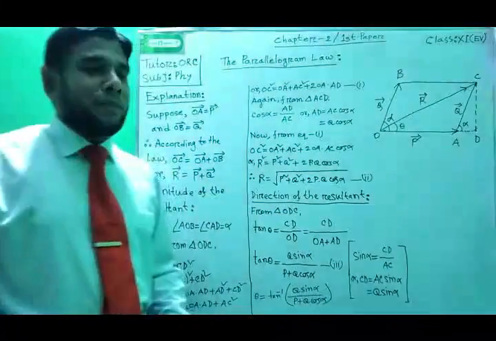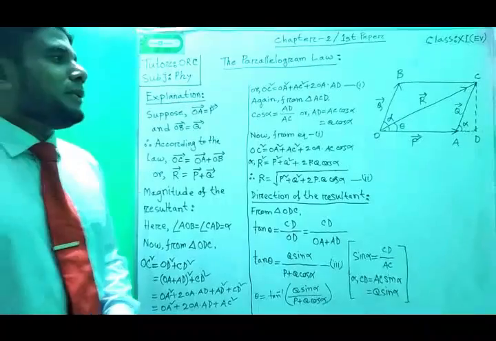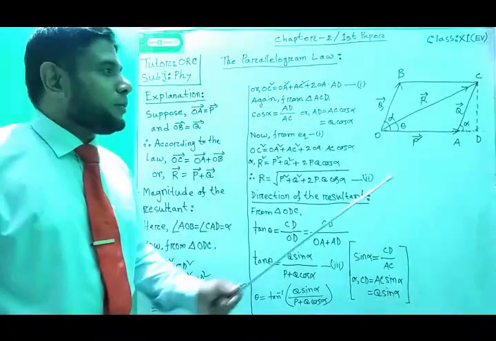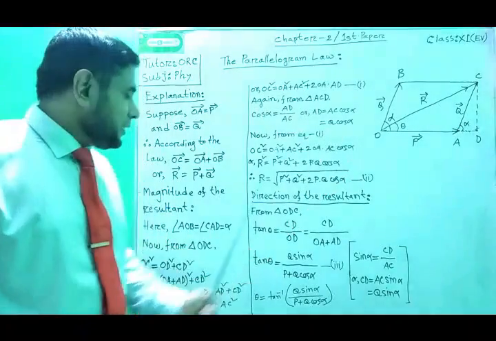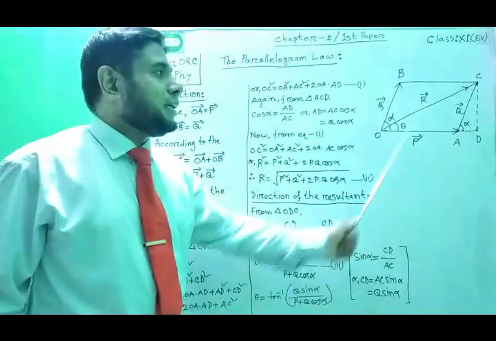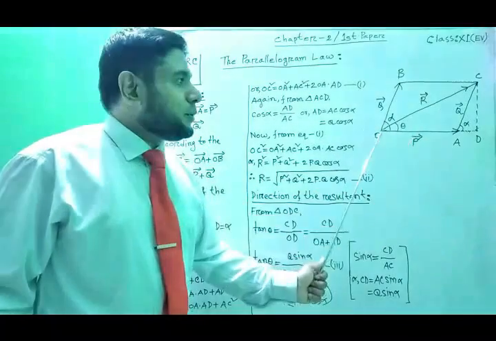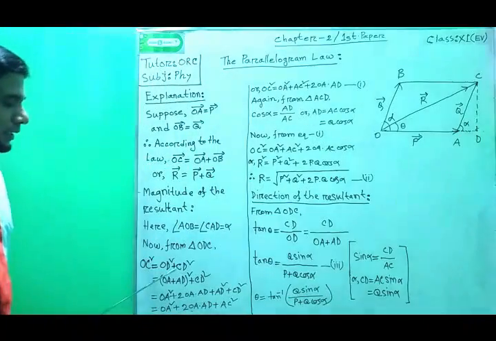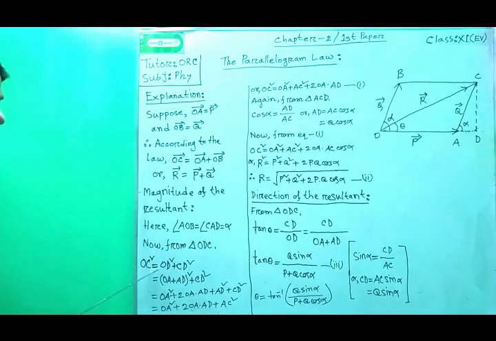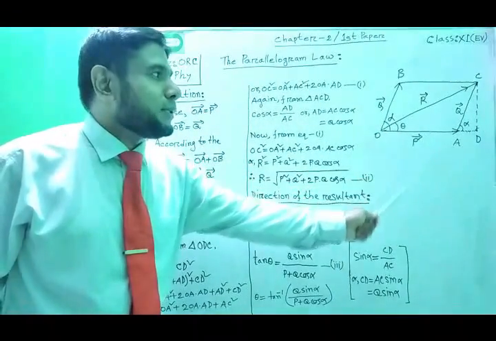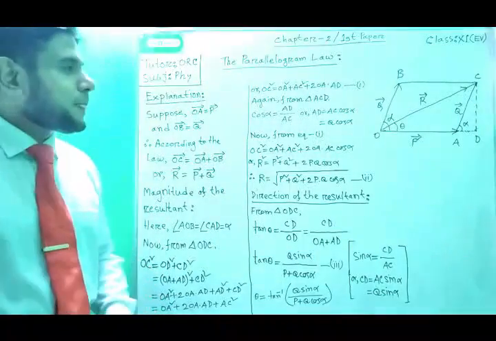This is an important basic we have already learned in class 8. So from the right angle triangle ODC, OC square equals OD square plus CD square, from the Pythagoras law.